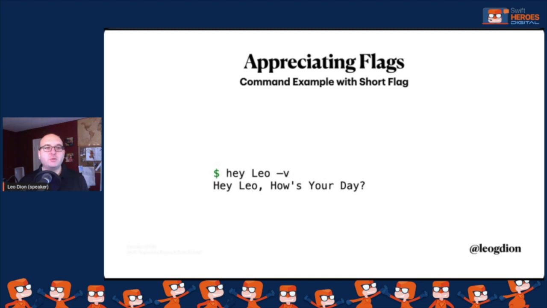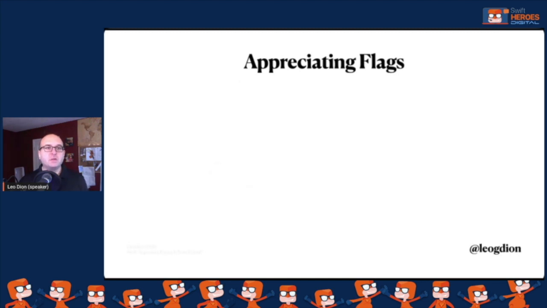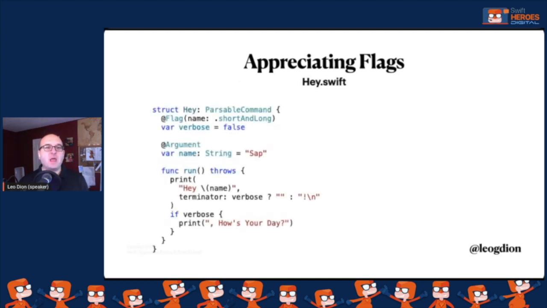We could also set up short flags if we want to. To do that, the flag property wrapper also takes in a parameter called name, which has a series of properties. It's actually not an enumeration, I shouldn't say that. It's more like a flag set, essentially. So you can say, in this case, that you take both the short, which is -v, the first character of your flag, as well as long, which is the full name of the property.